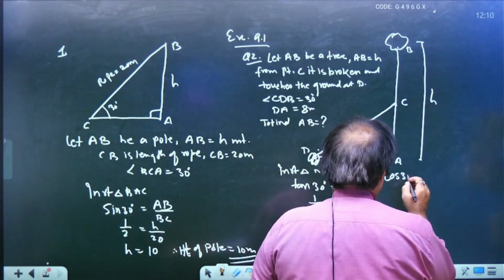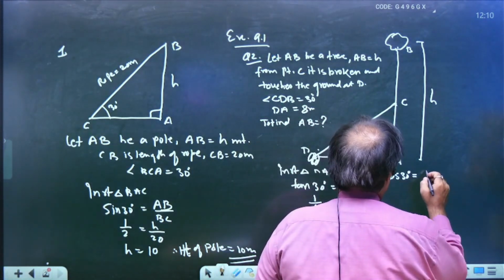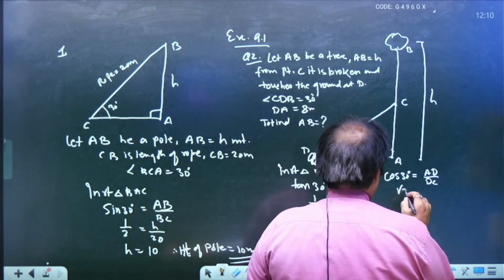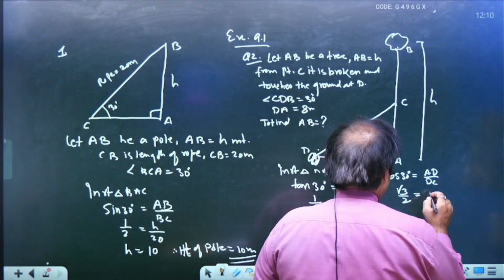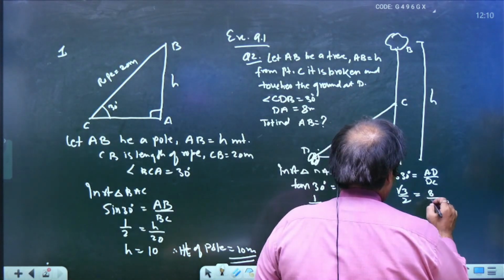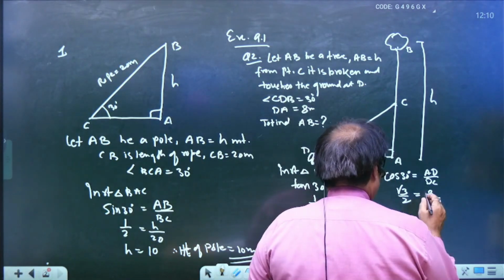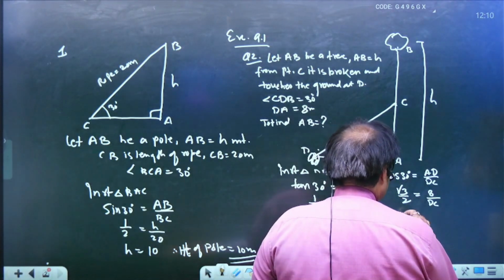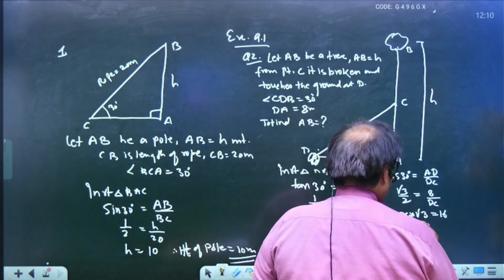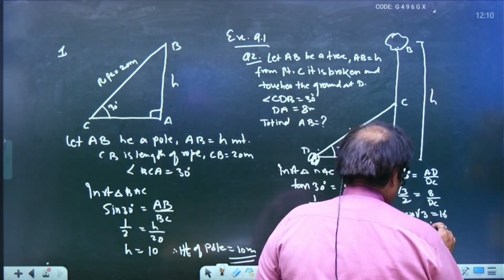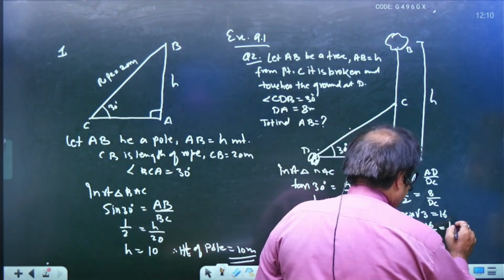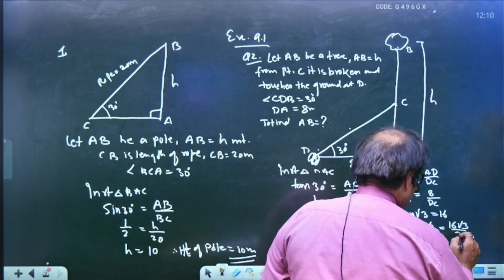So cos 30 degree is equal to base upon hypotenuse, that is AD upon DC, and cos 30 is equal to root 3 by 2, and AD is given 8 meter. Okay, and DC we have to find. So by cross multiplication, DC into root 3 is equal to 16. So DC is equal to 16 by root 3, and after rationalization it becomes 16 root 3 upon 3.